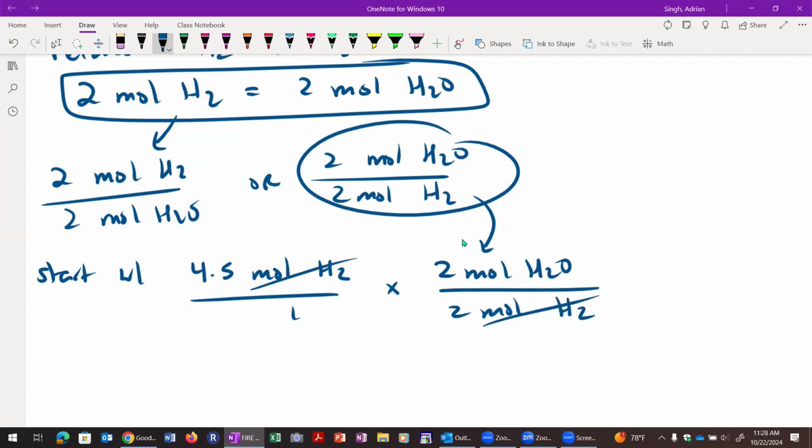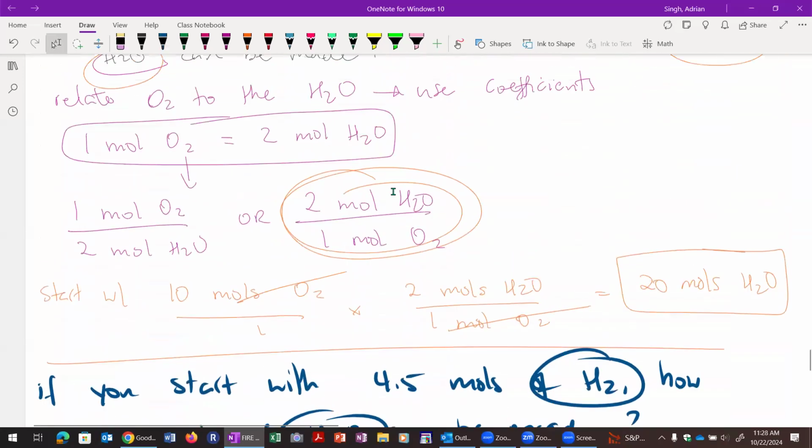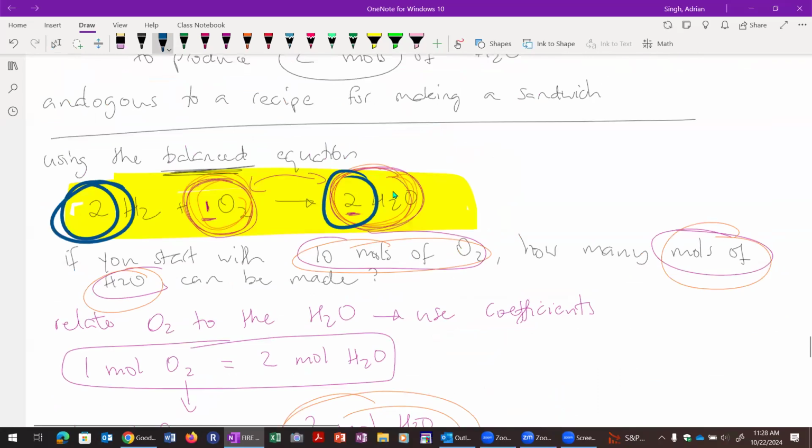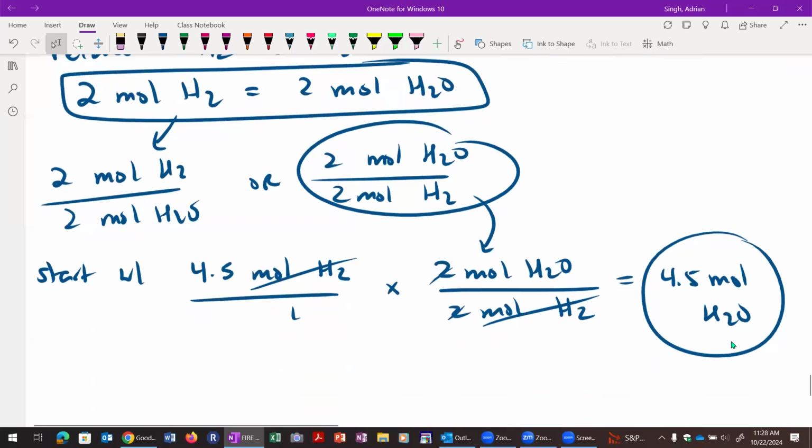So that goes away, and 2 cancels with the 2, so I get the same number of moles, 4.5 moles of H2O. Again, something that you could have probably predicted based on the fact that there was a 2 to 2 ratio, which is the same as a 1 to 1. So whatever number of moles of the H2 I start with should produce the same number of moles of the H2O, and this is why. So I should get 4.5 moles of water.